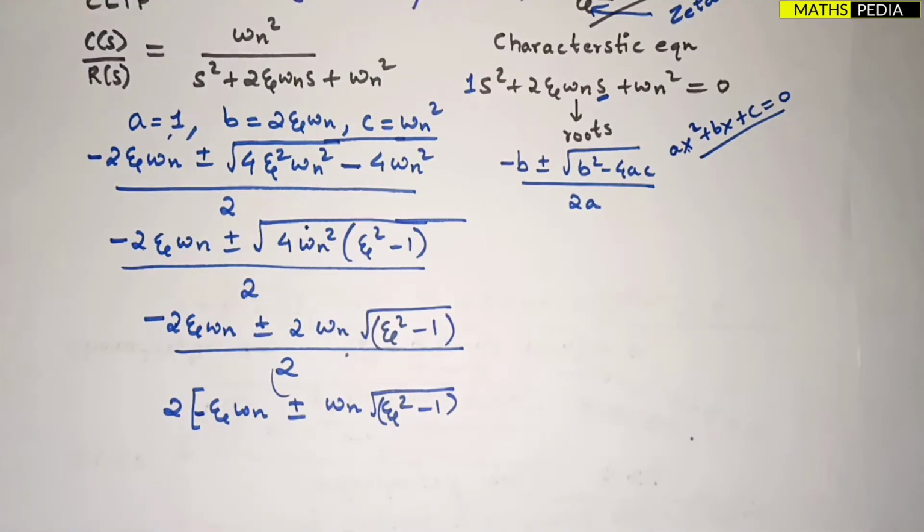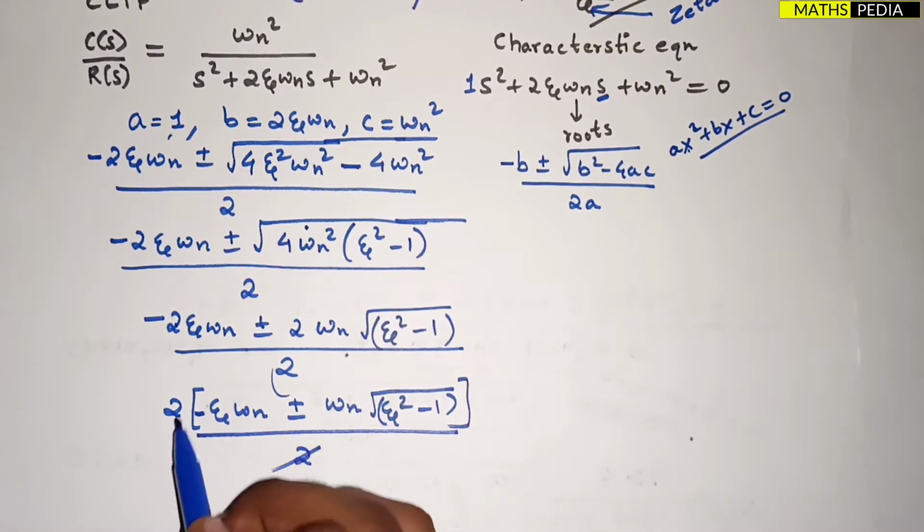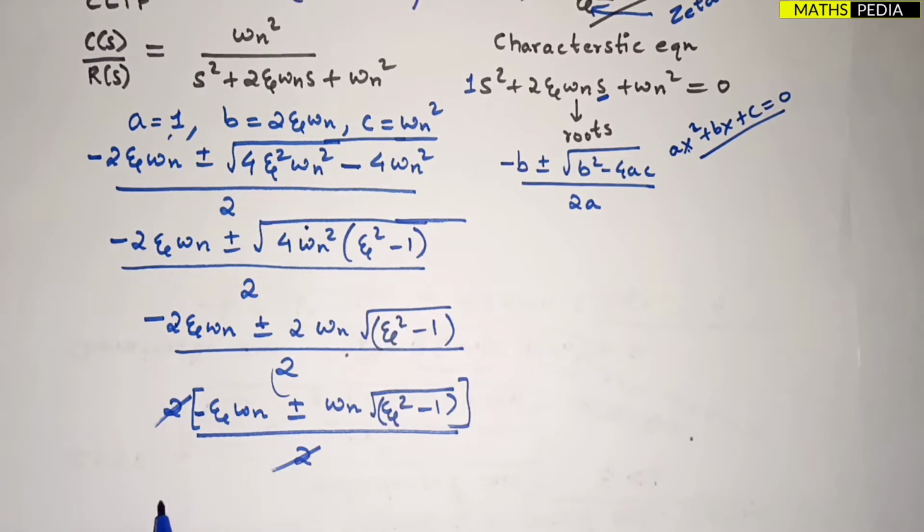This whole thing I need to divide by 2, which gets cancelled, right? So what is the remaining thing? This will be the final. So I can write it as minus zeta omega n plus or minus omega n into the square root of zeta square minus 1.